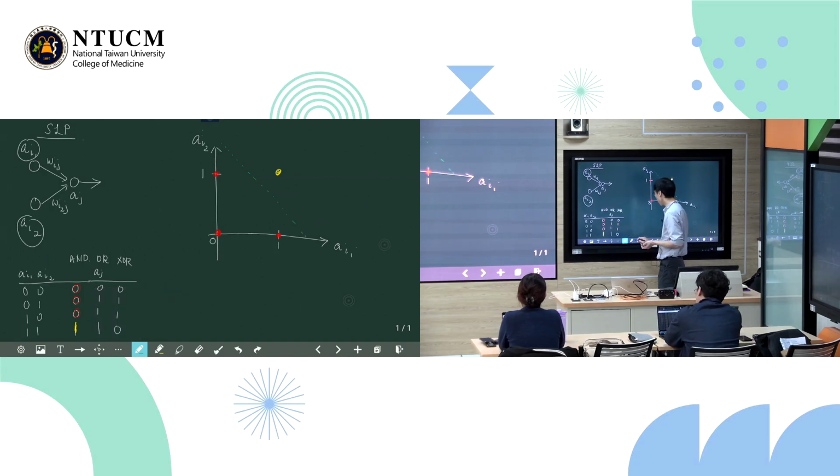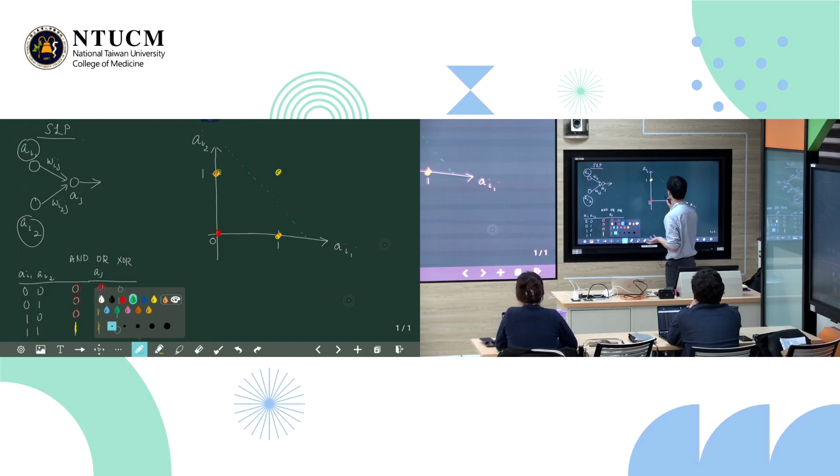And if it becomes an OR, then it is like this. It's just one red color when both cases are 0. But when at least either case is a 1, they become yellow.